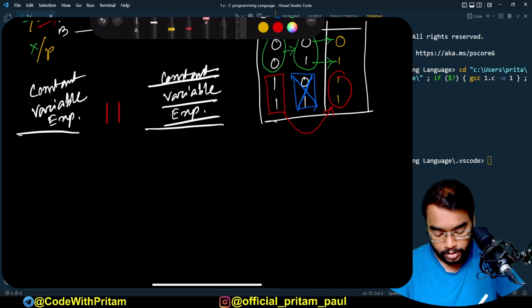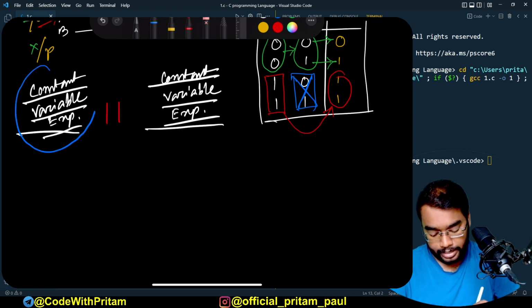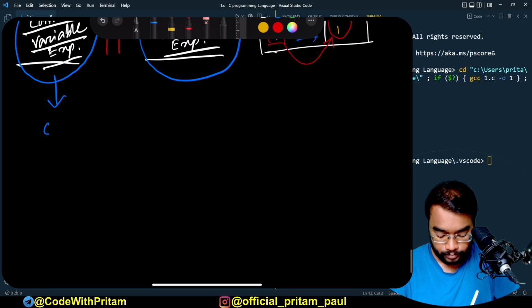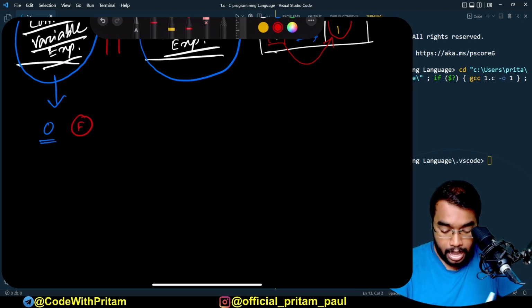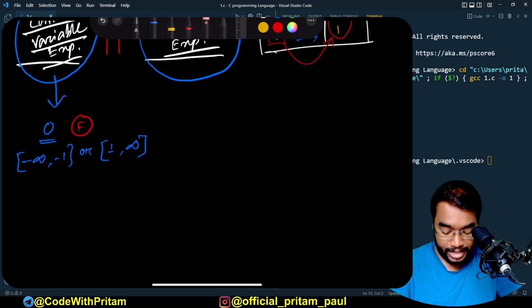You need to understand what exactly a true value is and what a false value is. If any constant is 0, that means it is a false value. Otherwise it is non-zero, which could be from minus infinity to minus 1, or from 1 to infinity. It could be any value.